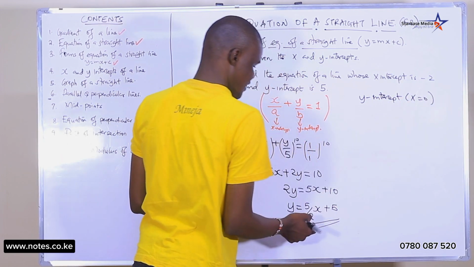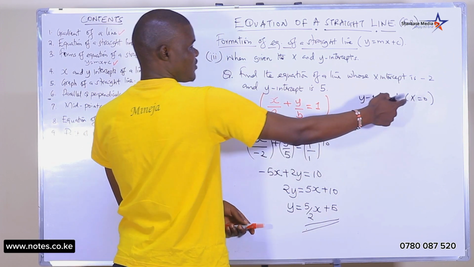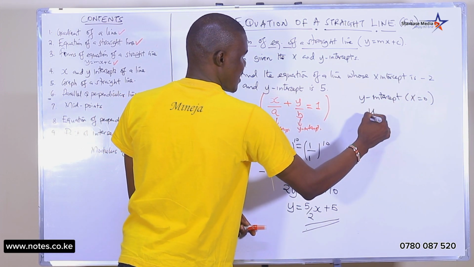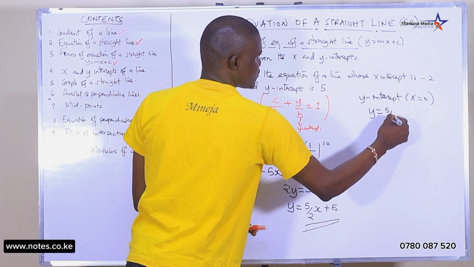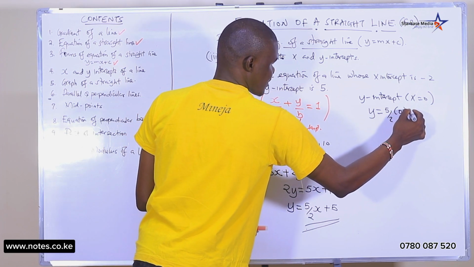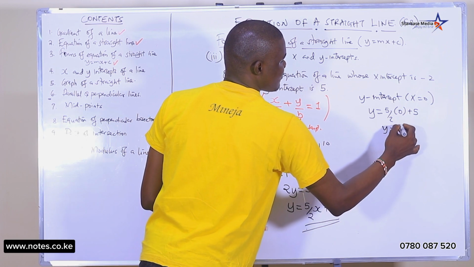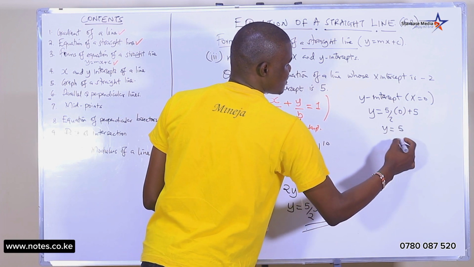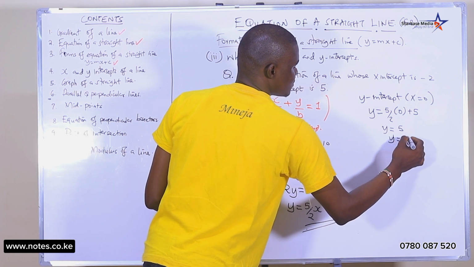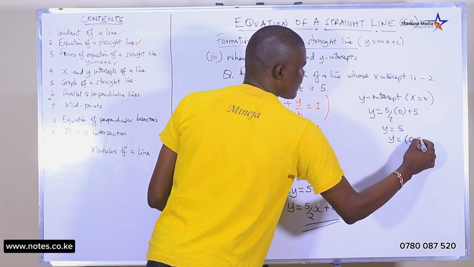So you replace x in this equation by 0. So you say y is equals to 5 over 2 multiplied by 0 plus 5. So what is the y-intercept? The y-intercept is 5. But what is the coordinate? If you ask for the coordinate, you say 0, 5.